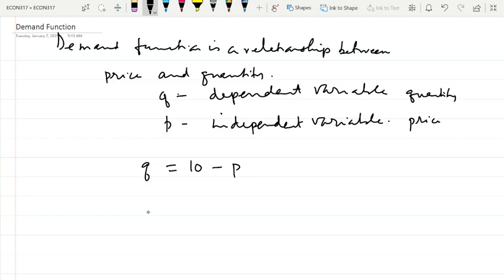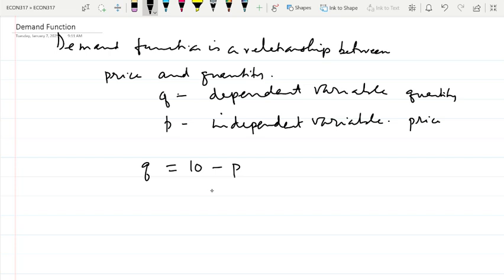So that's a relationship. It tells us that if we know what is the price, we can find out the quantity of the commodity which will be bought, by which all the buyers in the market are willing and able to buy.